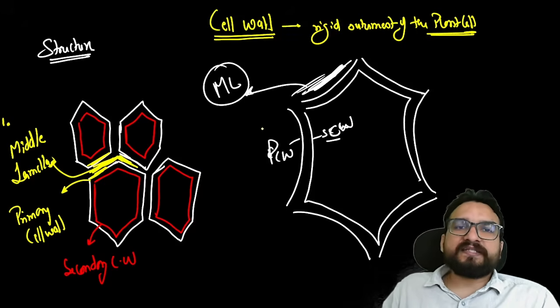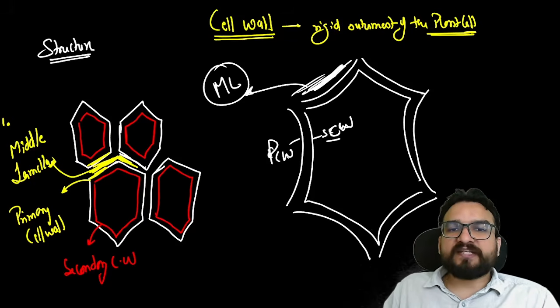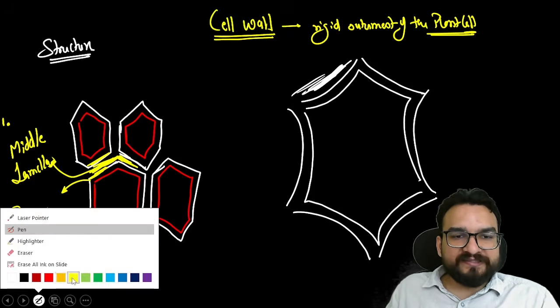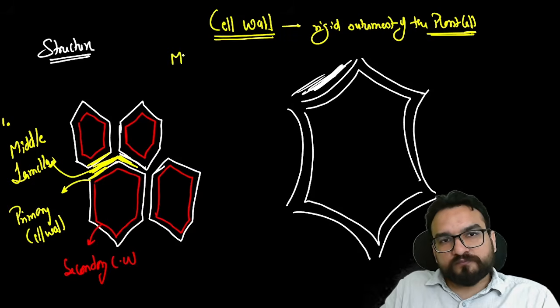Now you have to understand what the middle lamella, primary cell wall and secondary cell wall are made up of. This you have to know in order to write one or two statements. The middle lamella is made up of pectins.